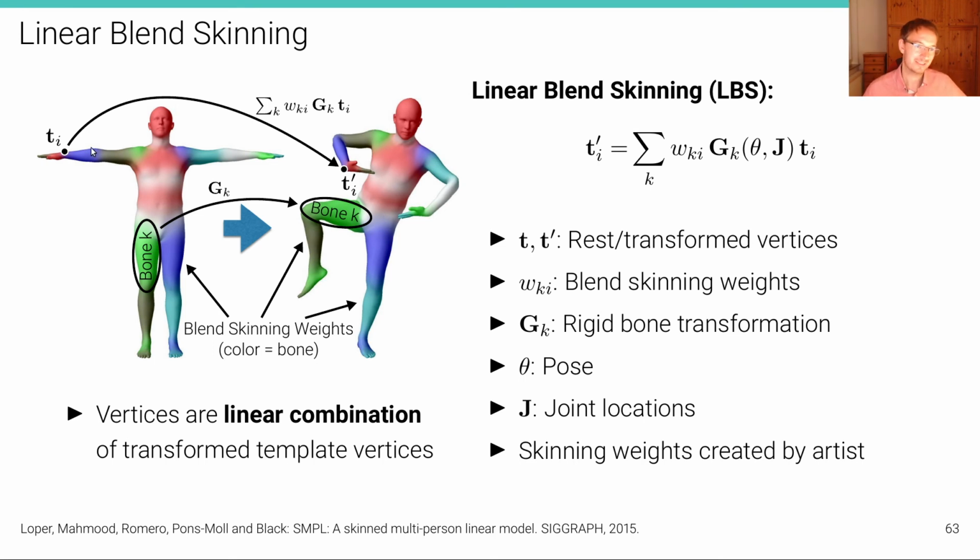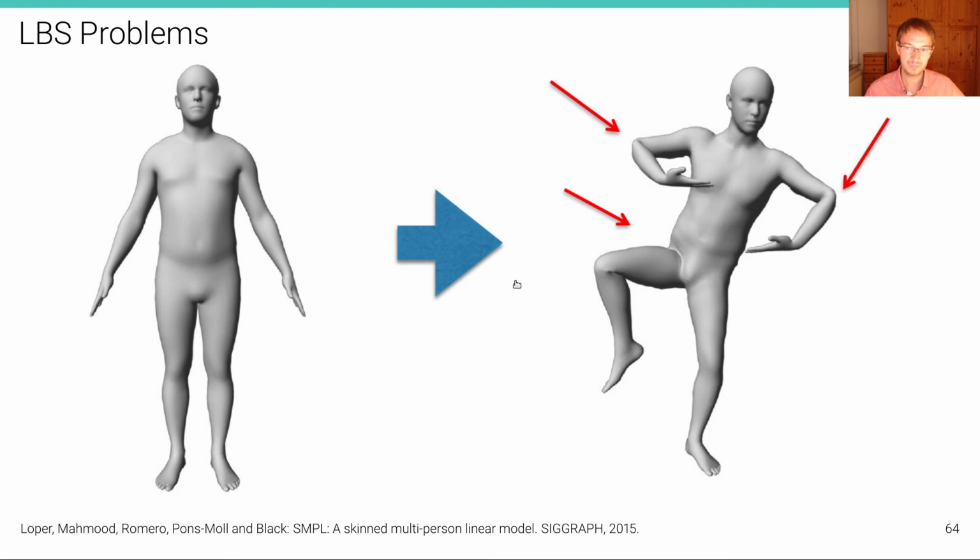Now, how are these skinning weights obtained? Well, the answer is simple. In practice, they are typically obtained by an artist, and the artist manually, in a careful process, designs these skinning weights such that they are leading to realistic posed human body shapes. But that is a difficult task, actually.